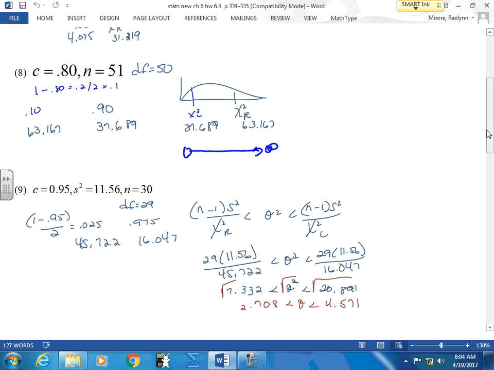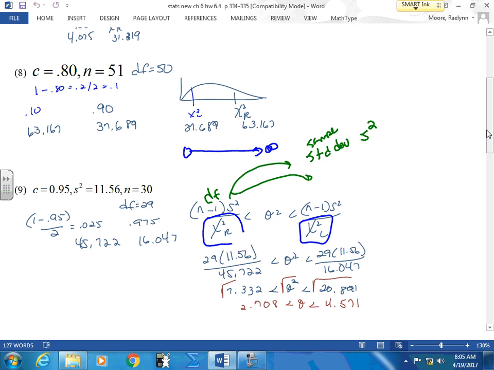Then I had you use this. These are the two values that you're finding. This is your degrees of freedom, and this can be one of two things. If it is a sample standard deviation, then you're going to put it in and square it. If it is a variance from your sample, then you're just going to put that in by itself and not square anything because it's already squared.